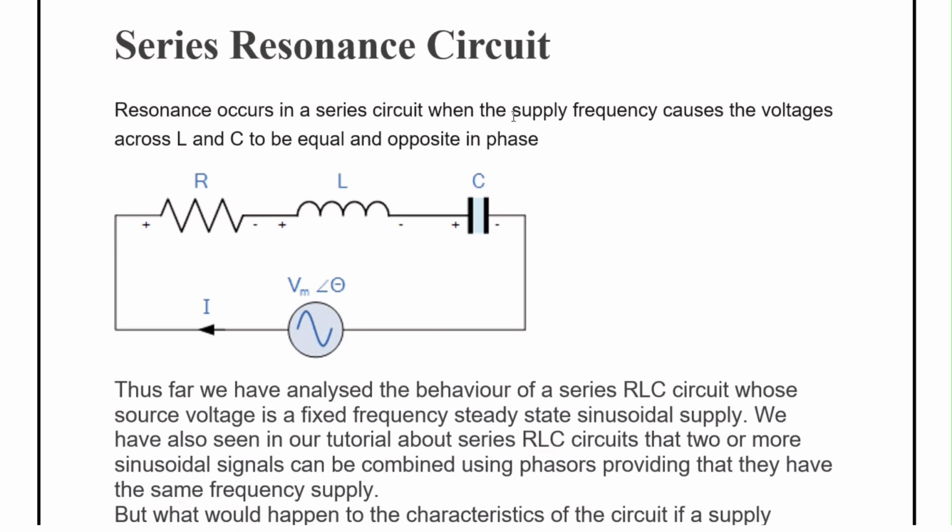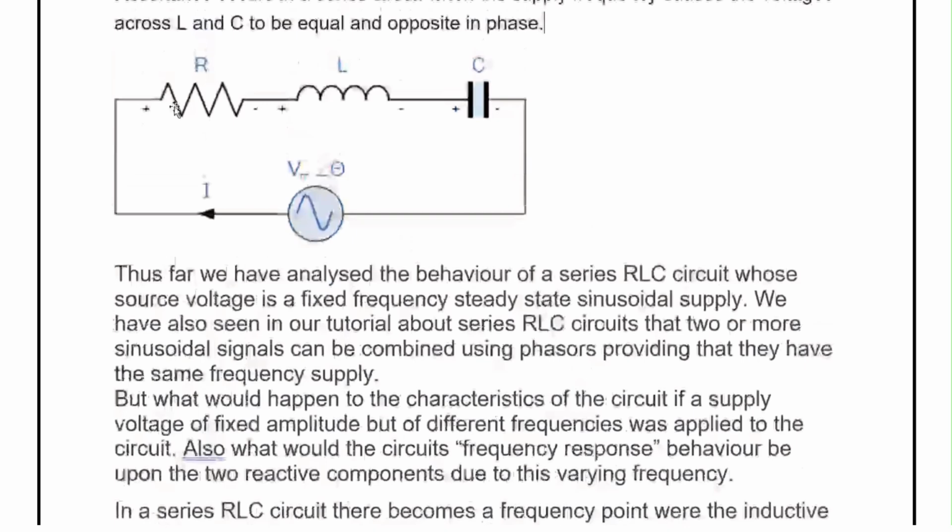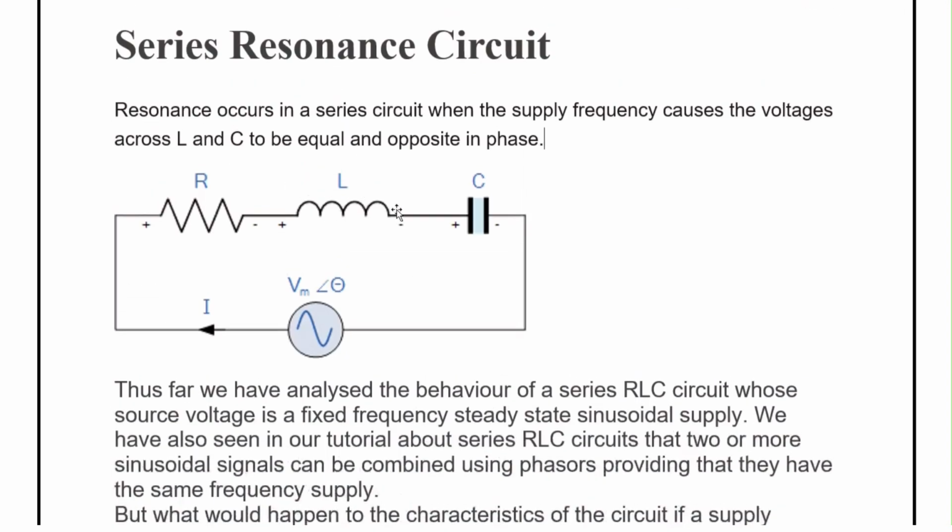Resonance occurs in the circuit where the supply frequency causes the voltage across L and C to be equal and opposite in phase. So that is the basis of resonance to happen. So this is an RLC circuit. The voltage across this L and the voltage across this C are equal in magnitude, but they are opposite.